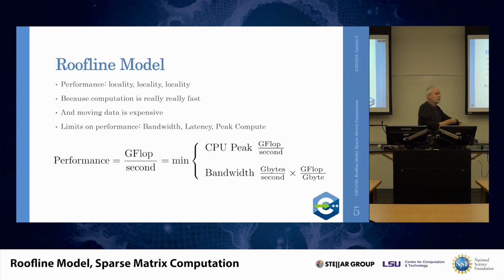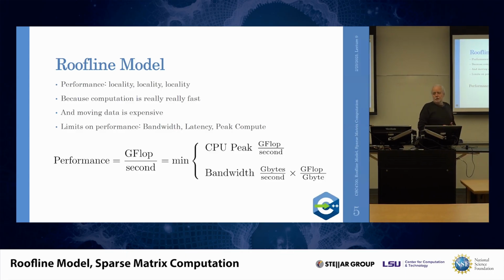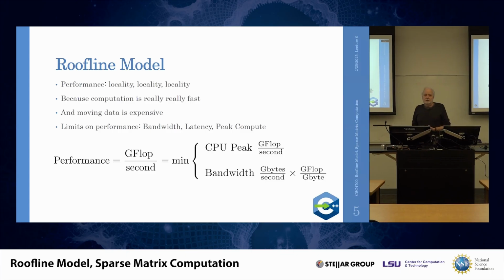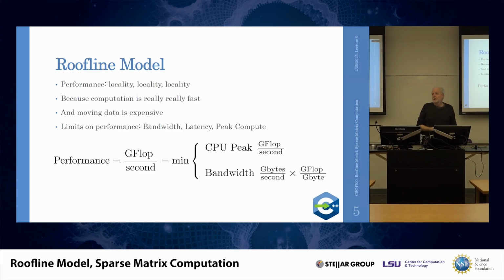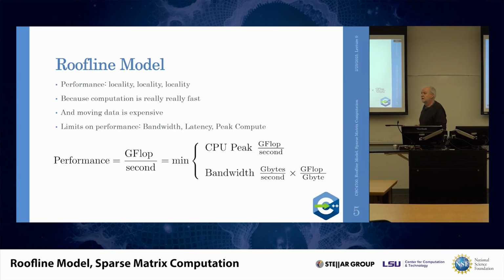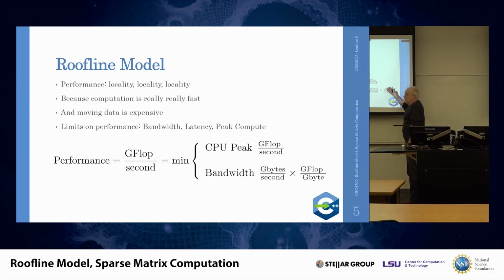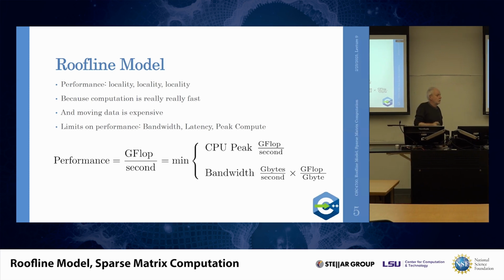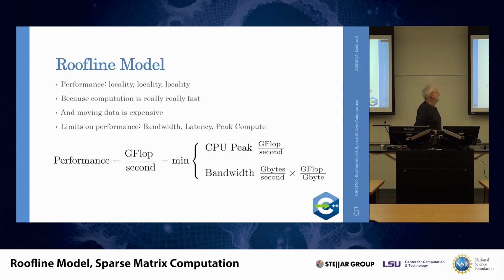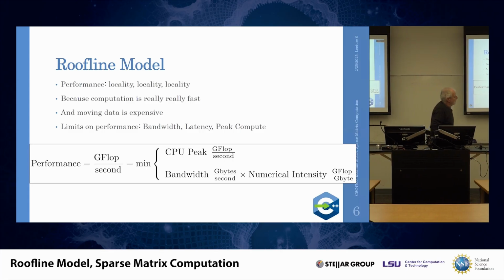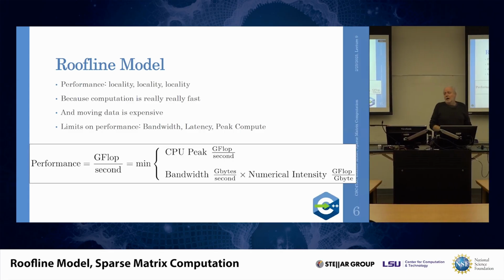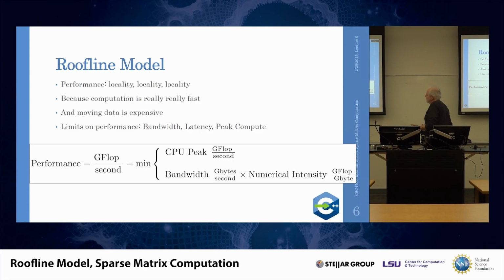And if you remember, last lecture we started to introduce and calculate something we called numerical intensity. It's how many floating point operations we can perform per byte read from the memory or moved to and from the memory. And that gives us a very good picture of performance.